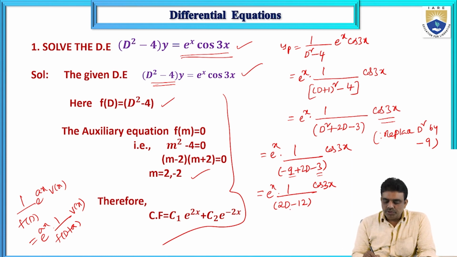Now we have to make the denominator a function of D square. That can be done by multiplying and dividing by 2D plus 12.